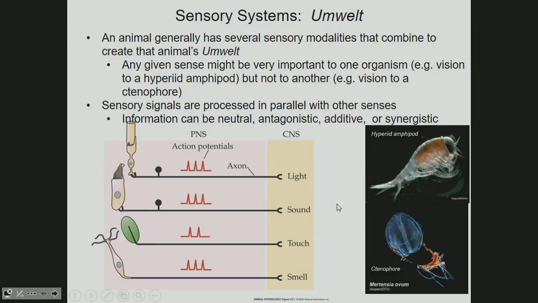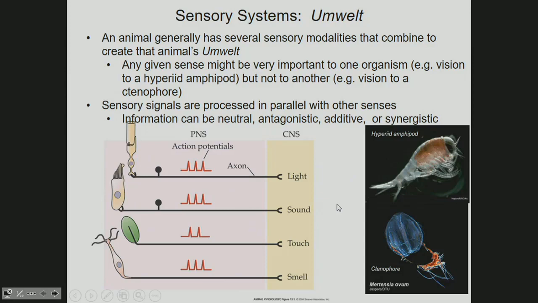Sensory systems. I like to start by introducing a German idea. Germans are very useful for thinking about things in grand fashion. And so there's this idea of Umwelt. When you think about the Umwelt of an organism, the organism has sensory modalities.